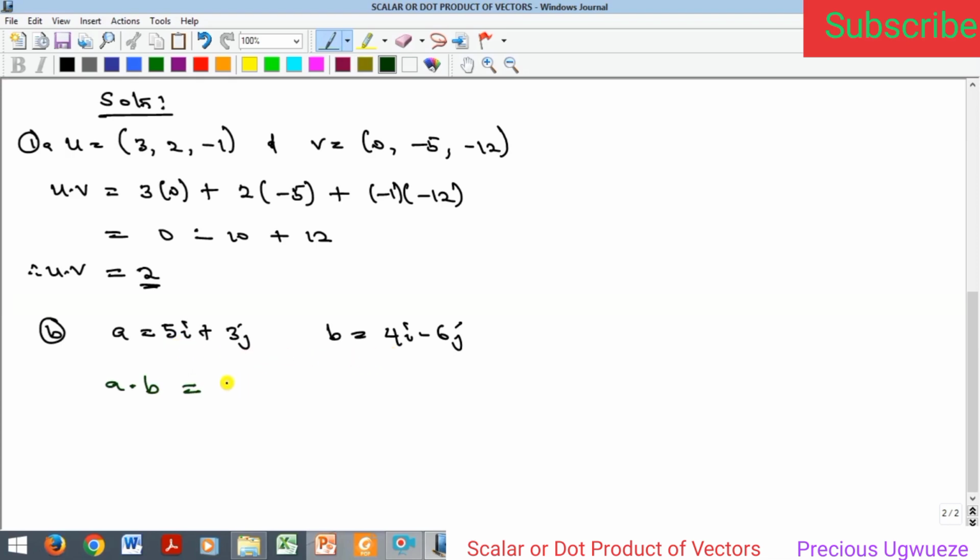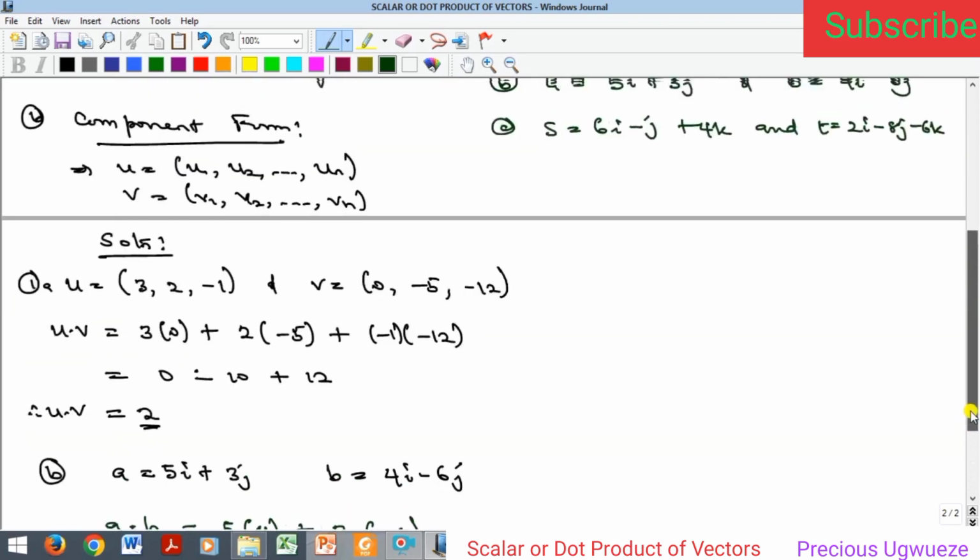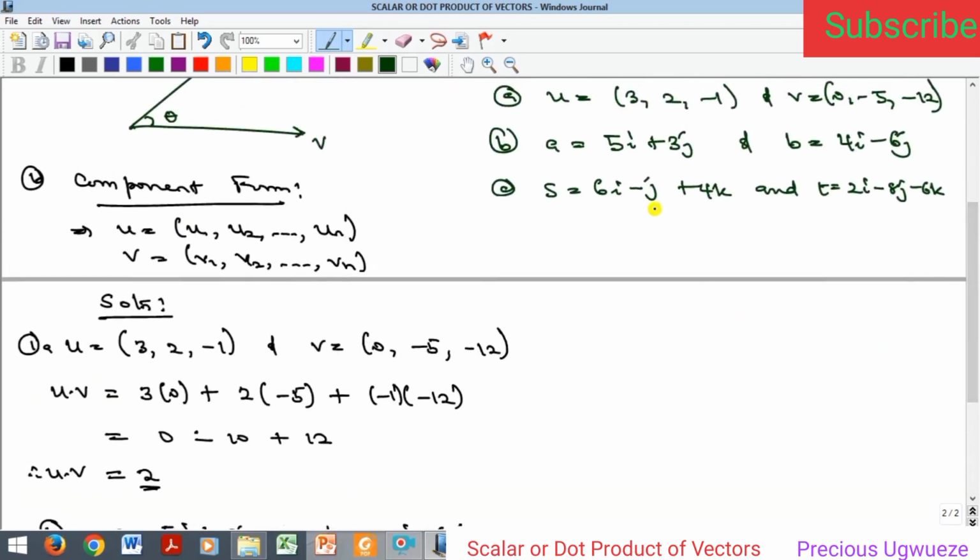So we'll have 5 times 4 plus 3 times negative 6, and that's going to give us 20 minus 18. Coincidentally, we also have 2 here as our solution. So kindly do example 3. Find the product of S and T as given here.